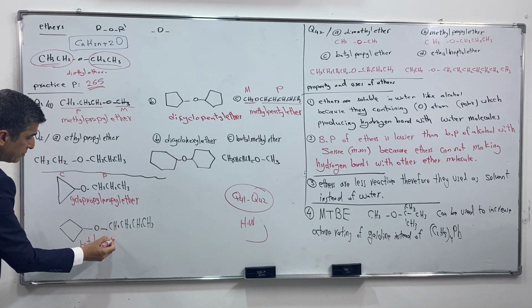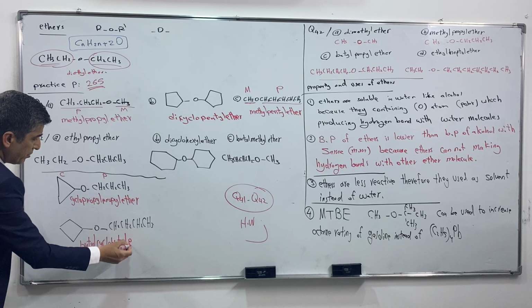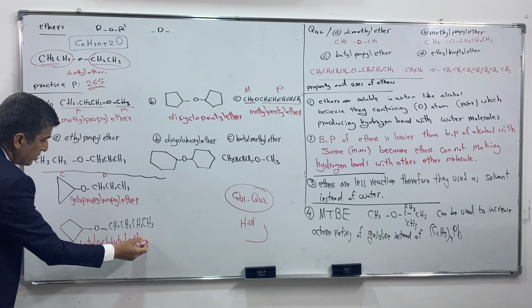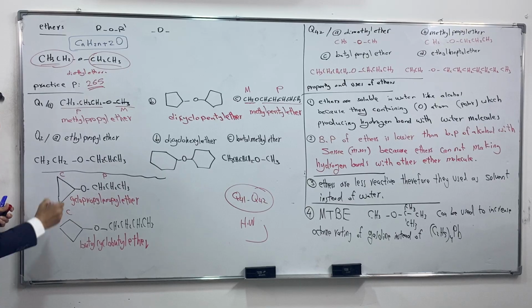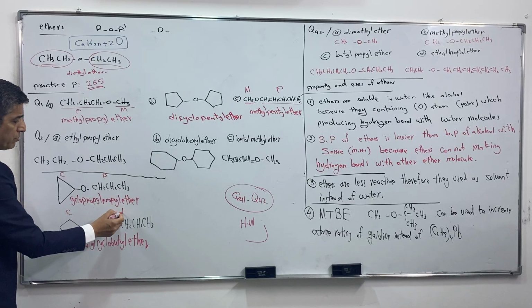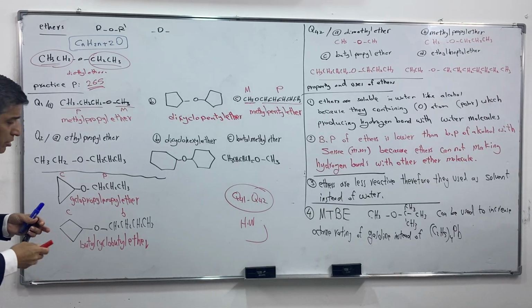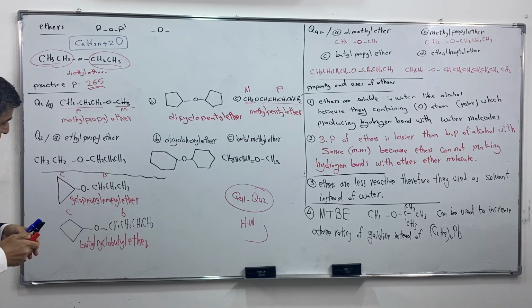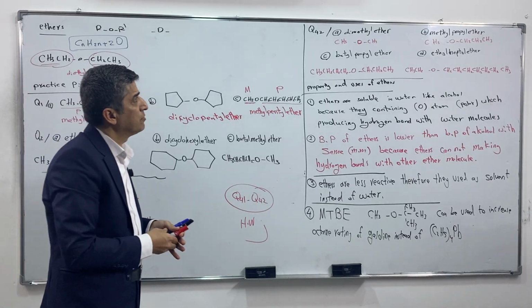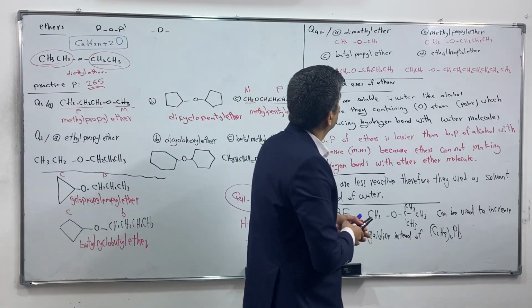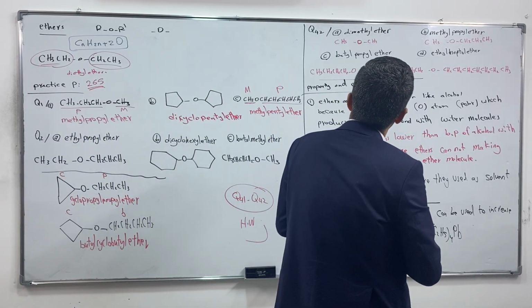Why? Because cyclobutyl begins with C letter and butyl begins with B letter, B comes before C, so the name will be butyl cyclobutyl ether. We have another question about ethers.